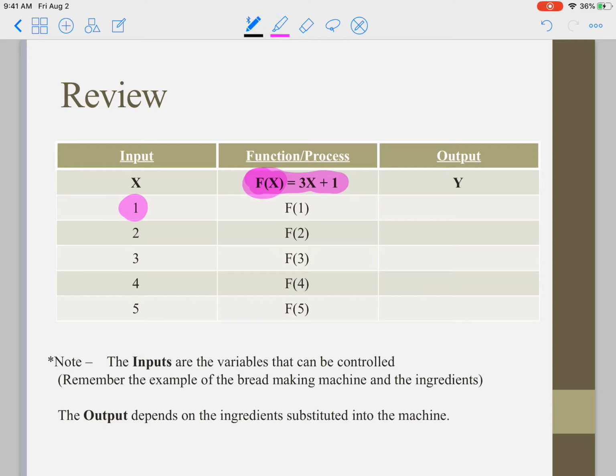So let's do that. If we substitute 1 in for x to complete this first row, then placing 1 in for x here, I get f of 1, because we're substituting 1, is equal to 3 times 1 plus 1, and so that's going to give me 4.